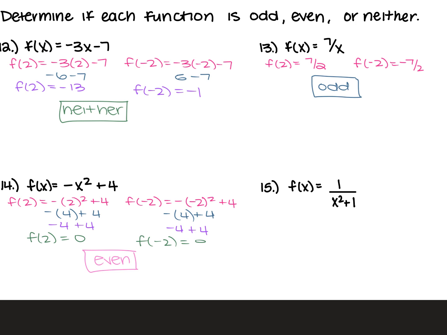And for 15, we have f of x is equal to 1 over x squared plus 1. So if we find f of 2 for this, that's going to give us 1 over 2 squared plus 1. So that's 1 over 4 plus 1, which is 1 over 5.